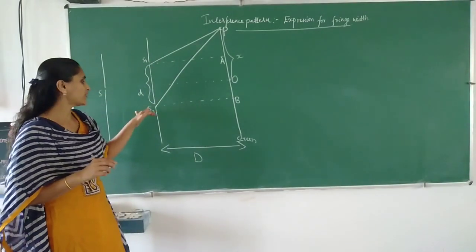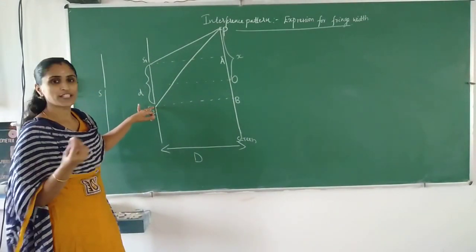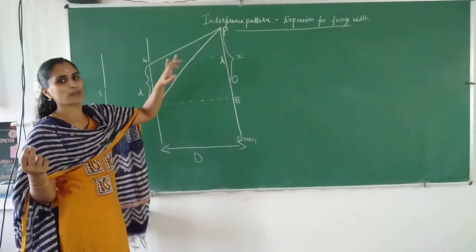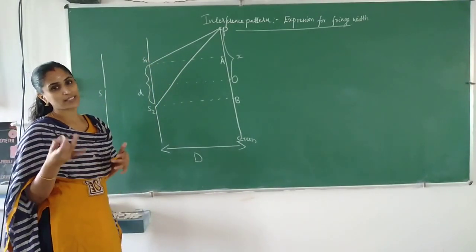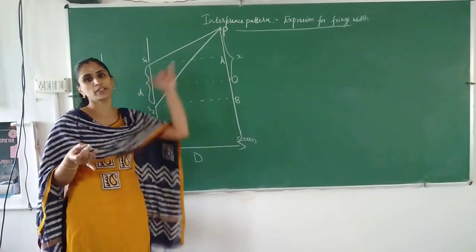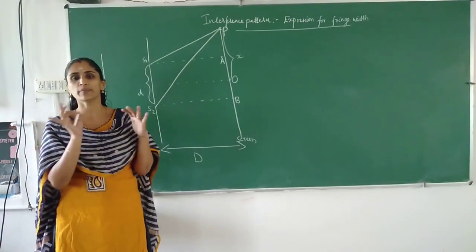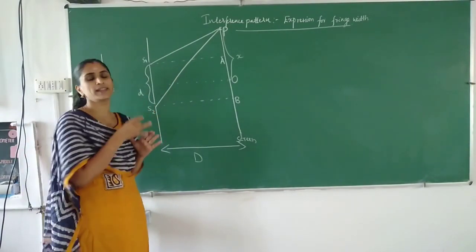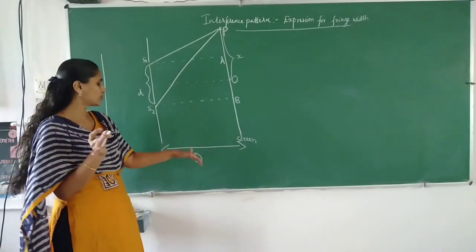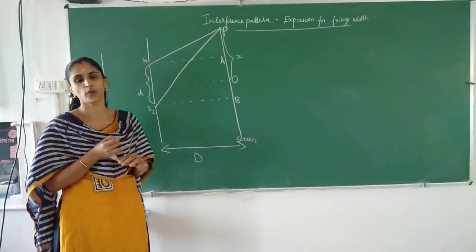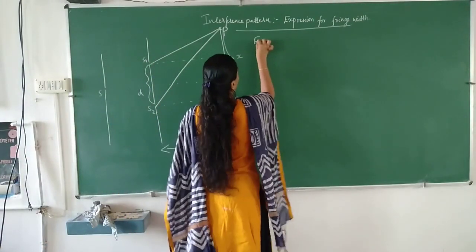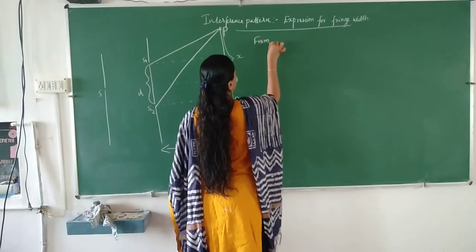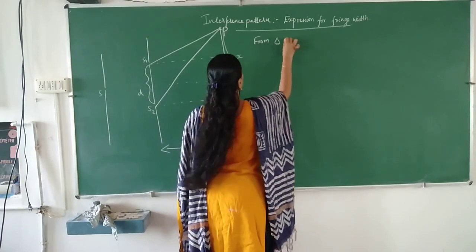So how do we find the path difference? Which is more, S1P or S2P, because waves are traveling from S1 and S2? No doubt S2P is more. So we have to find the path difference S2P minus S1P in terms of these known quantities. For that we consider the triangle S1AP.